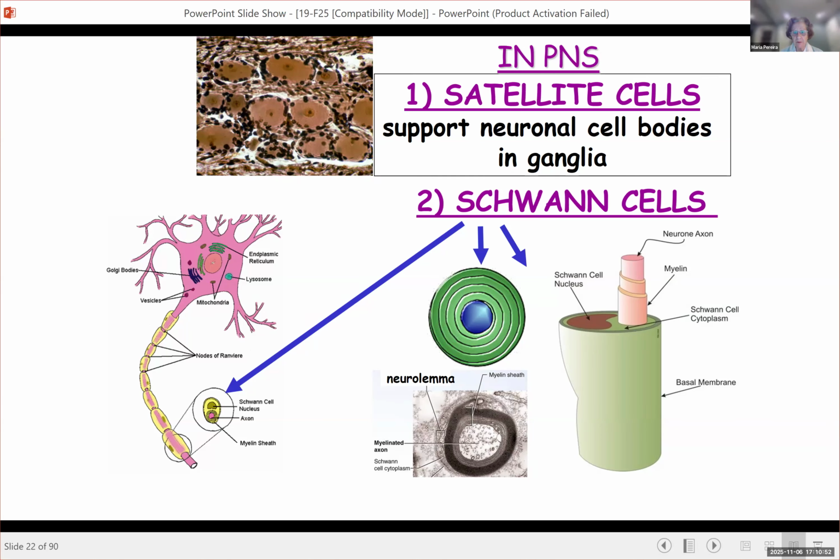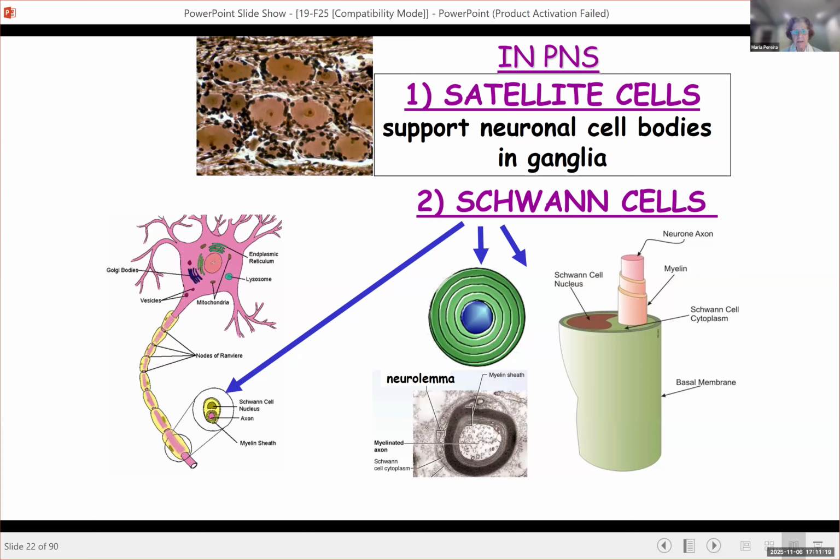The second type of glial cells are the satellite cells. Don't confuse these satellite cells with the satellite cells that are present in the skeletal muscle. That's different. Those are muscle cells. Here, the satellite cells are glial cells that are present in the peripheral nervous system, and they help nurture the cell bodies that are located within the ganglia.